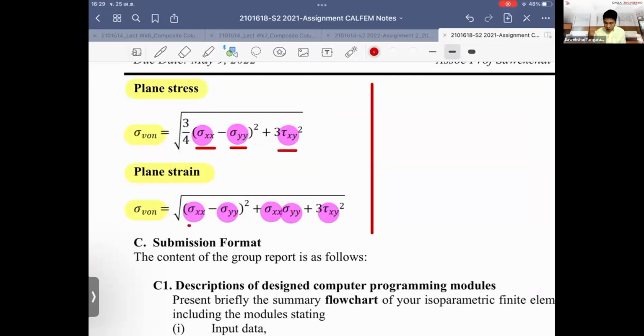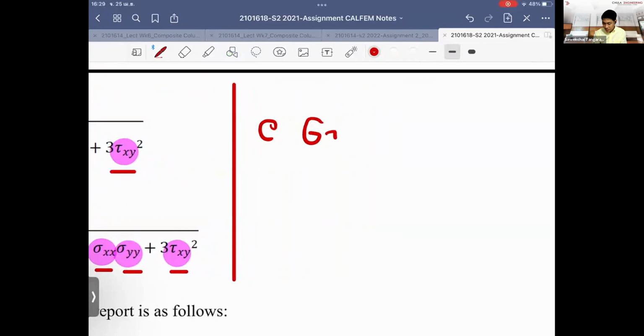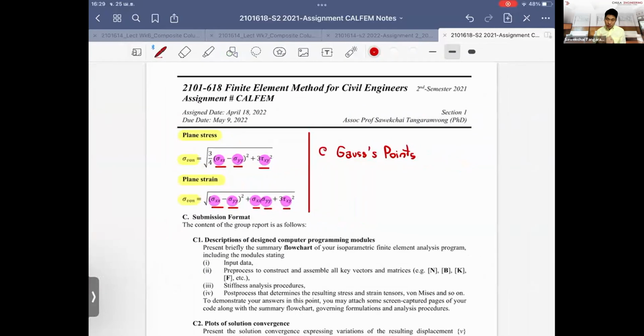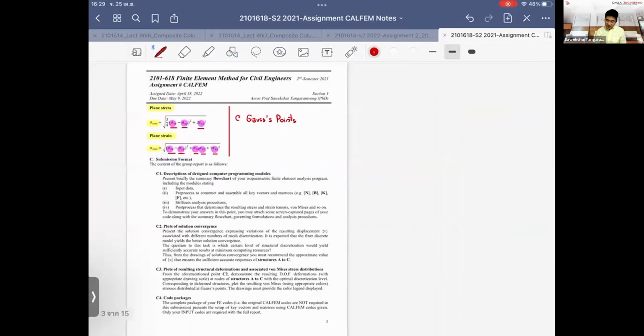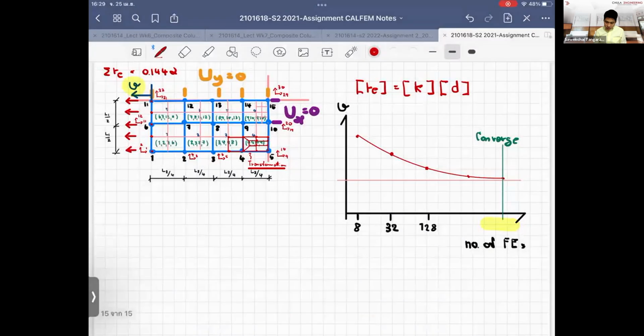So you have to calculate the von Mises stress, for either plane stress or plane strain, at the Gauss points. Each element has four Gauss points. I think that should be all for the exercise you have.